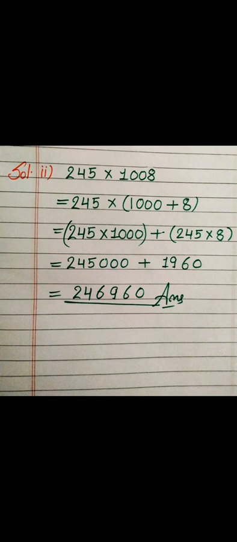Now next is 1553 into 198. Now listen student, if you split this as 100 plus 98, the question will become tough. So this 198 can be split using subtraction, like 200 minus 2, because if you solve 200 minus 2 you will get 198.